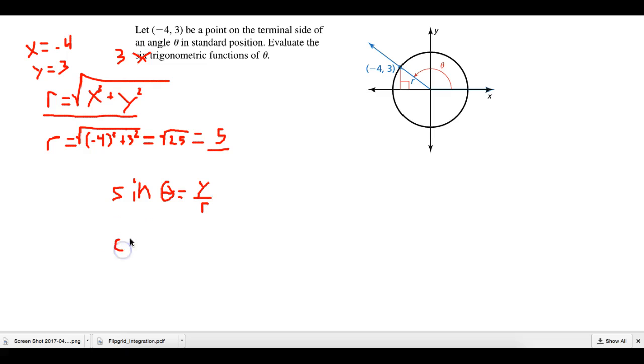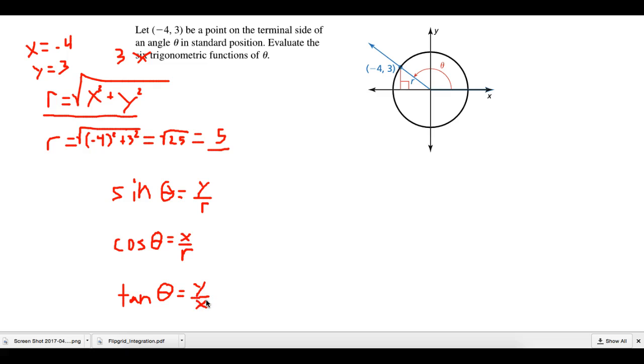The cosine of theta is equal to x over r. So what I'm doing right now is I'm just writing down our formulas. We're going to plug in the numbers in a second. So it's equal to x over r. And finally, the tangent of theta is equal to, remember this one right here, you don't need r for tangent. This is just y over x.